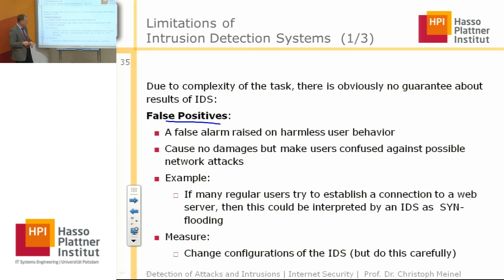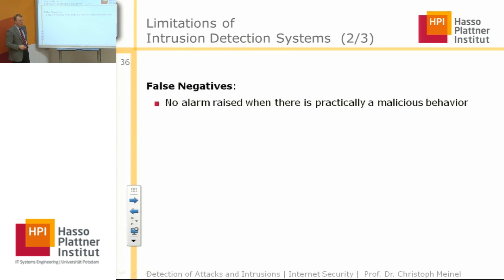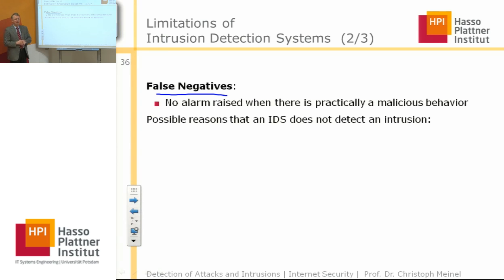The measure, if such false alerts can be observed to a bigger amount, is to change the configuration of the intrusion detection system, but one has to do this carefully, not to change the baseline in a way that the real alerts are no more detected. There is a problem of false negatives. False negatives means there is an attack, but no alert is raised, and this is problematic.